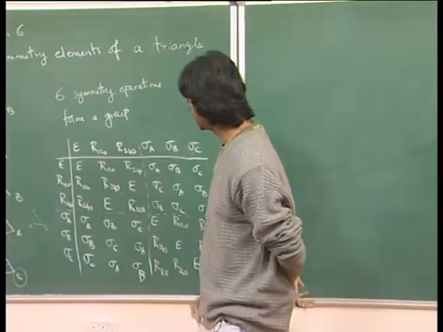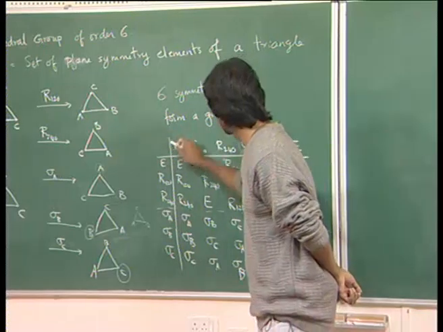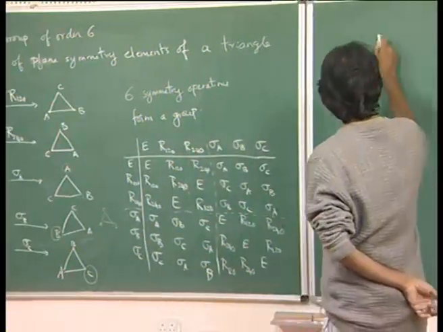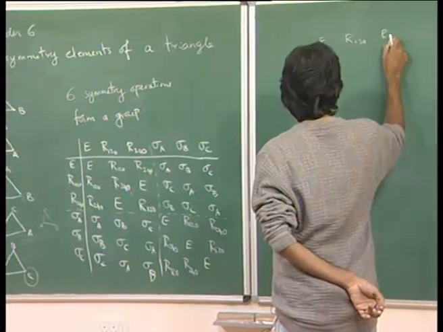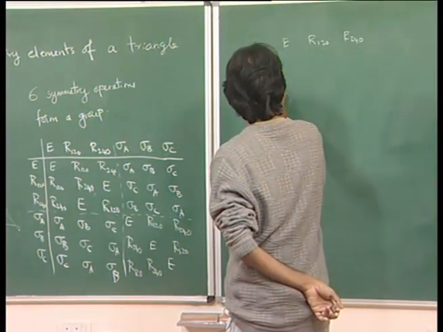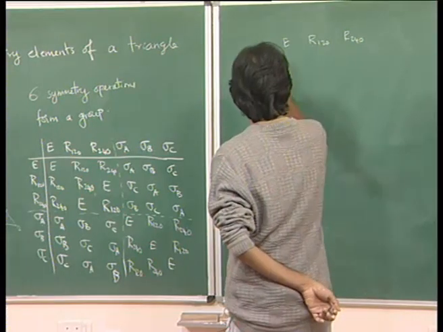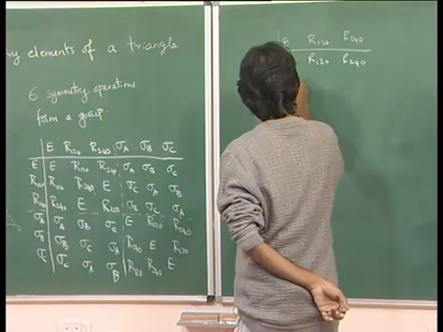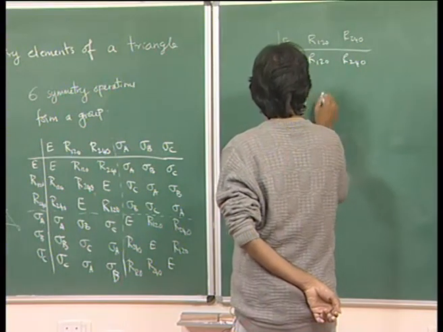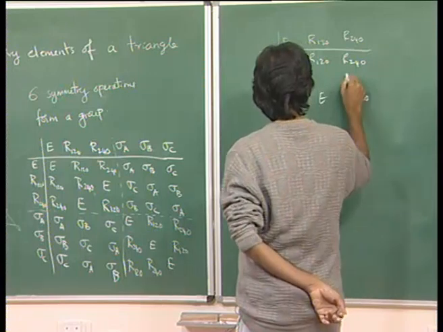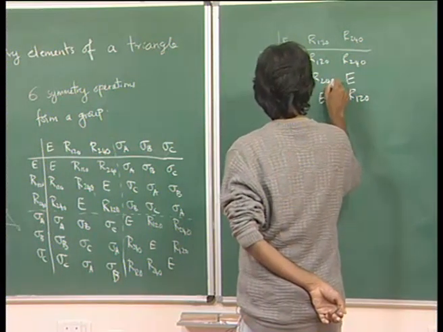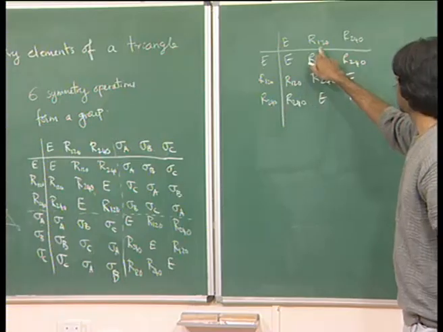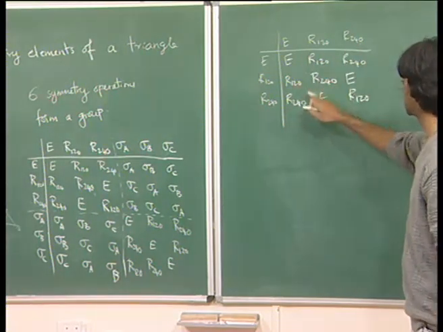Now, if you just look at the multiplication table and you look at these elements E, R 120, R 240, clearly this is a group because the inverse of R 120 is R 240, because R 120 times R 240 is nothing but identity.